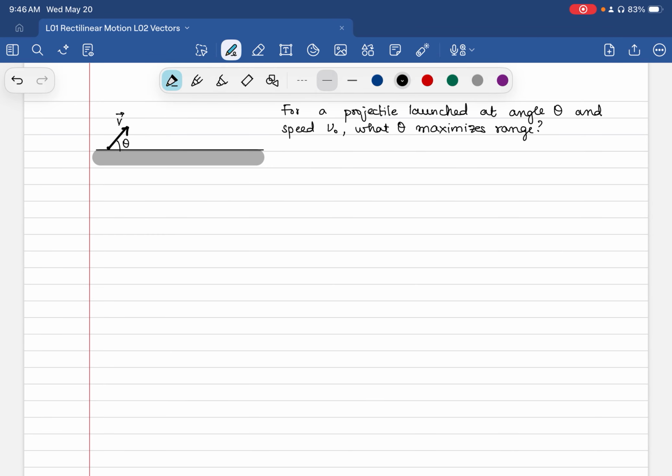Okay, so let's write down what we have. So we have acceleration is minus g j hat. The velocity v is going to be first along the i hat, v naught cos theta along i hat.